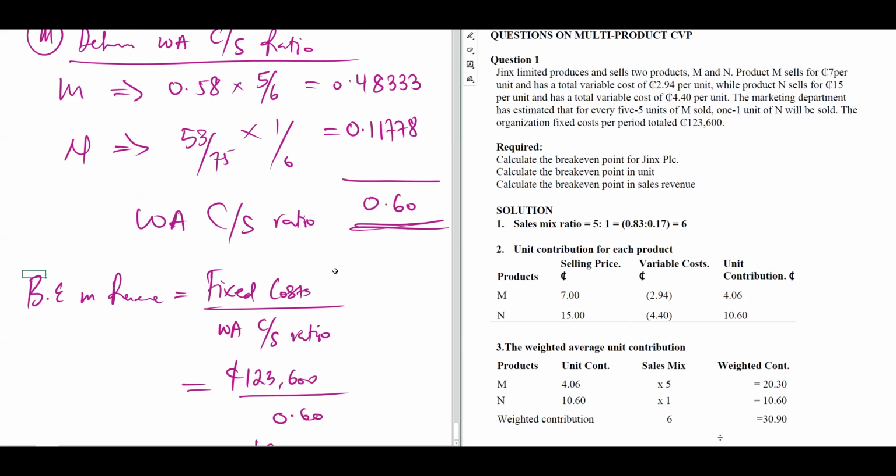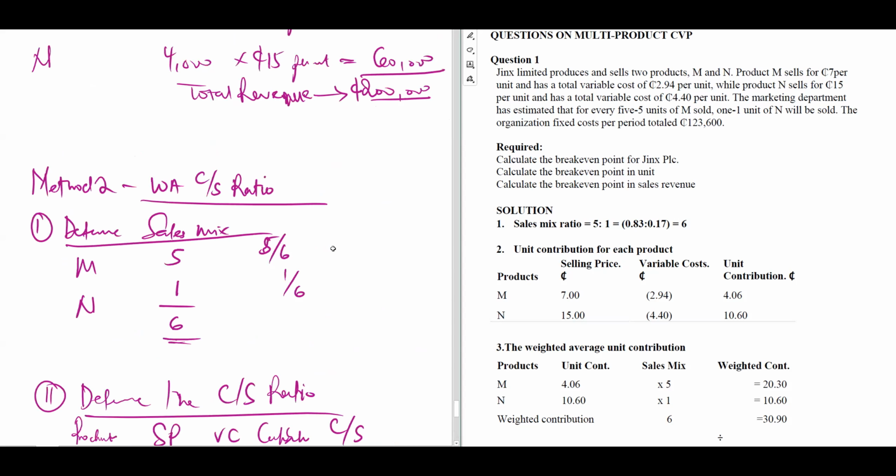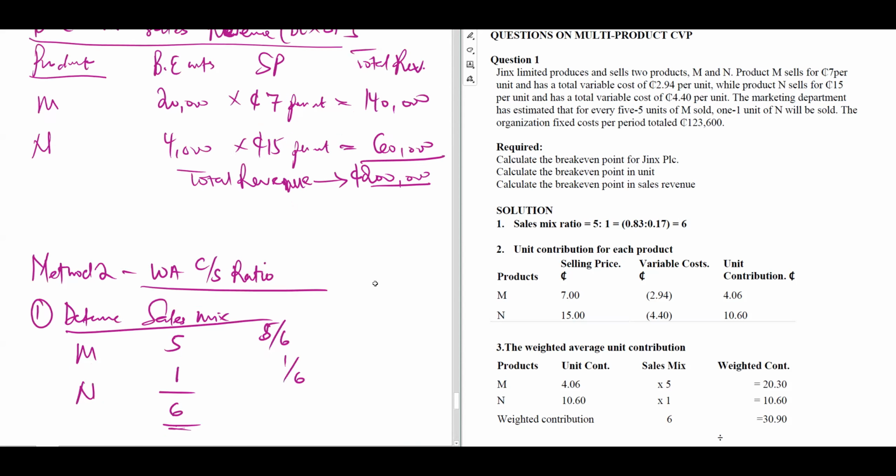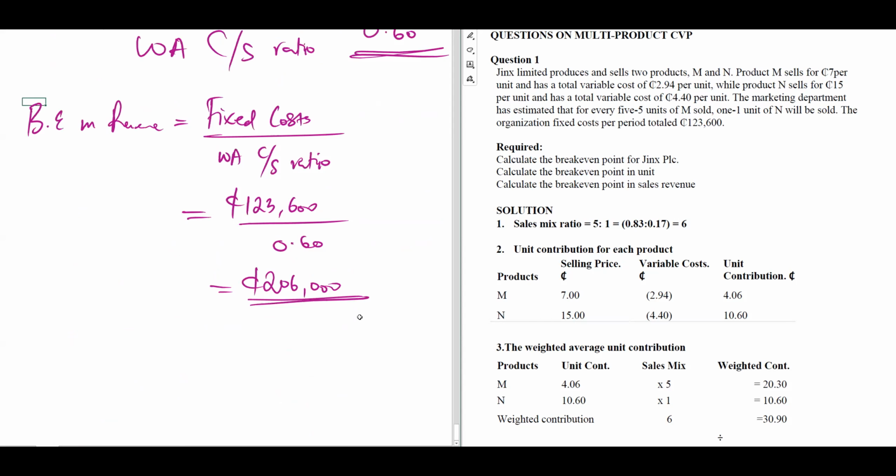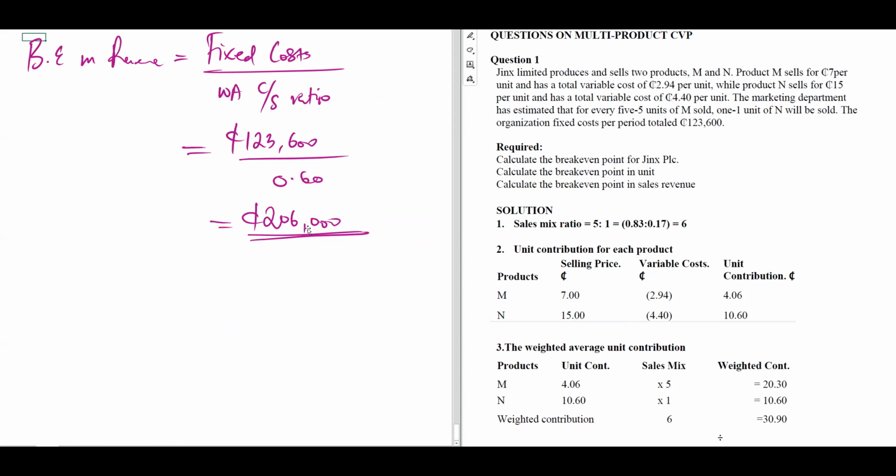We got 200,000 in the first method, and the difference is because of the rounding off. Can you all see? Yes, sir.